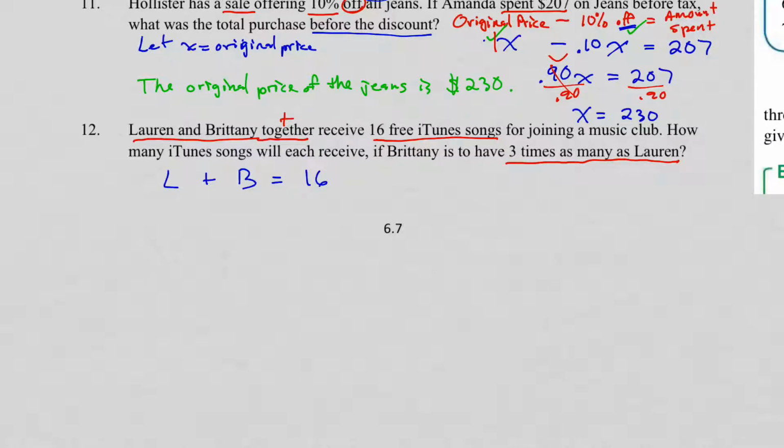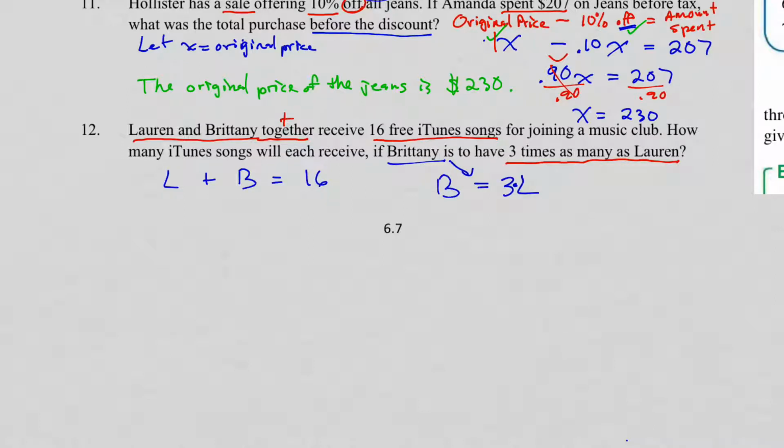So we have 2 variables. But here's the clue. Brittany, or the B, is to have, now here's the translation, 3 times as many as Lauren. So whatever Lauren has, Brittany's going to have 3 times as much. That's the clue that they wrote here.